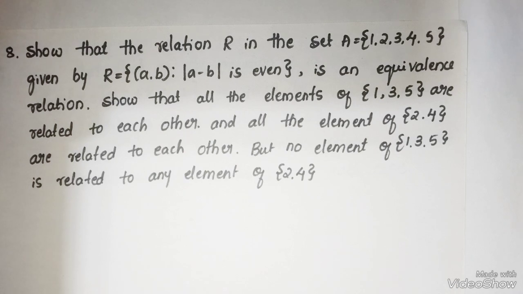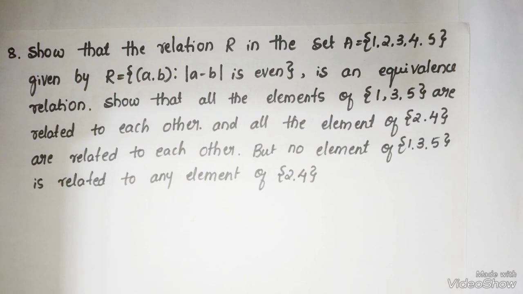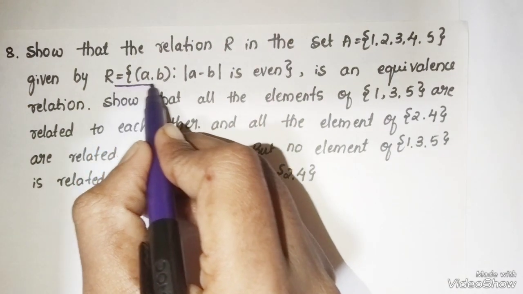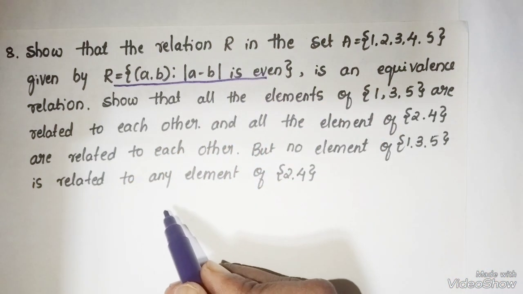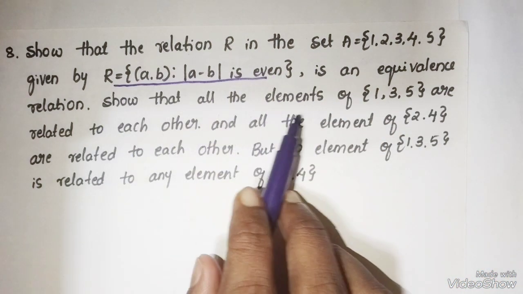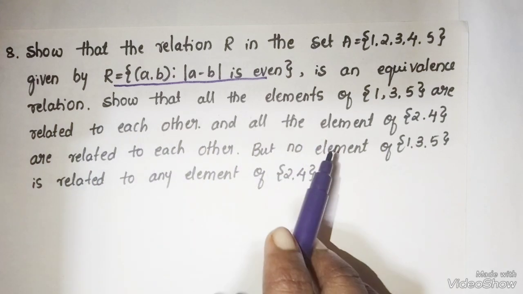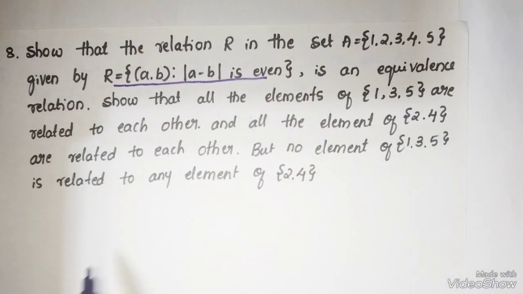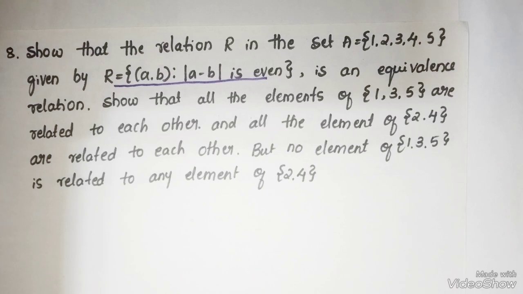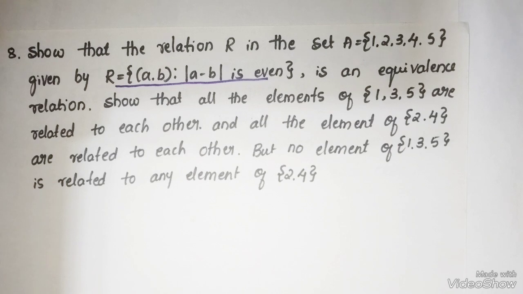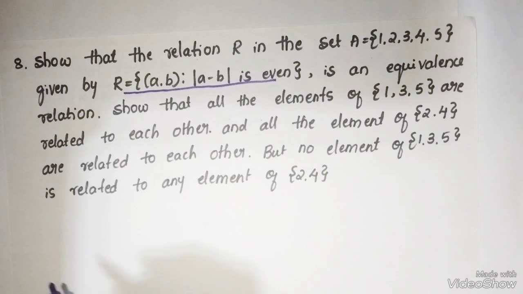After that, show that all the elements of {1, 3, 5} are related to each other and all the elements of {2, 4} are related to each other. This type of question has been discussed already. Now we have to prove it.